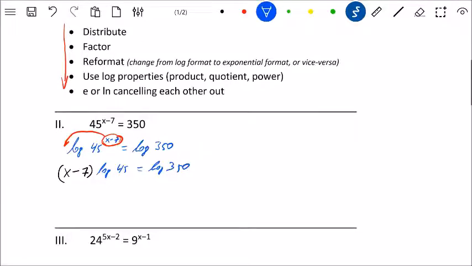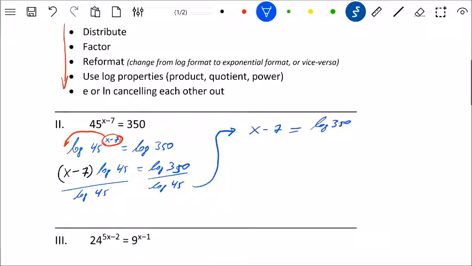So what we now do is divide both sides by the log of 45. So now we have x minus 7 is equal to the log of 350 divided by the log of 45.